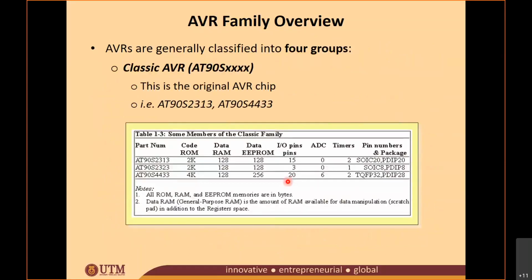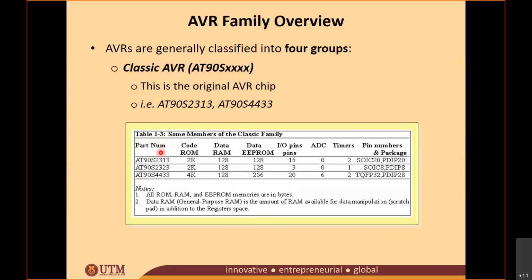Okay, so let's look at the AVR Family Overview. Okay, untuk AVR kita ada 4 jenis groups ataupun family. Okay, the first one we call it as a classic AVR. Okay, every time you see the 90S followed by XXX ni dia punya model number lah, you know that this belong to classic AVR. Okay. So this is the original AVR chip.